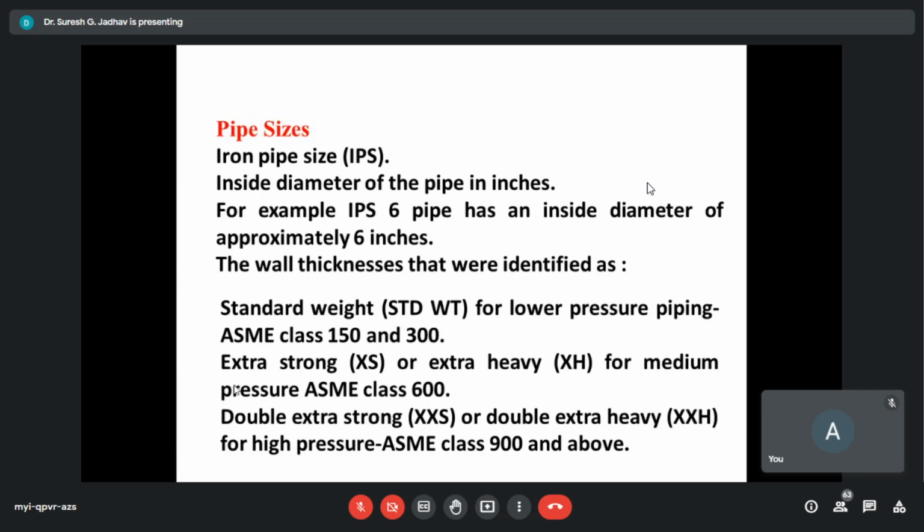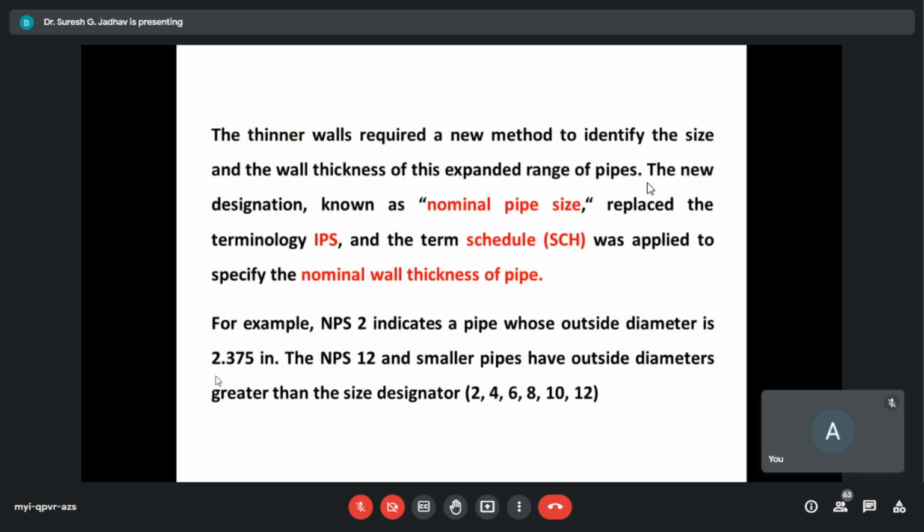The original dimensional system required updating to accommodate the improved characteristics of these new materials. Corrosion resistance alloys mean that corrosion allowances could be reduced.